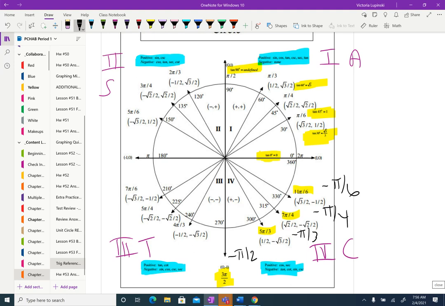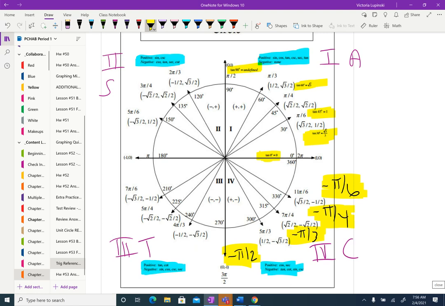Remember, those are coterminal angles, but you're going to have to have those values in order to be in the appropriate domain. So from this point forward, when it comes to arc sines or arc cosines, you're going to give your answers in terms of -π/6, -π/4, -π/3, and -π/2.